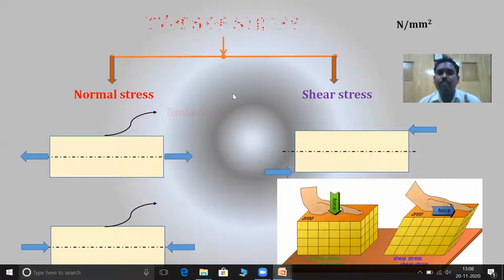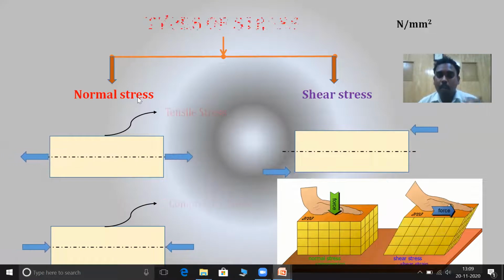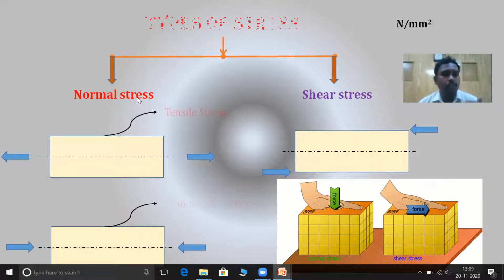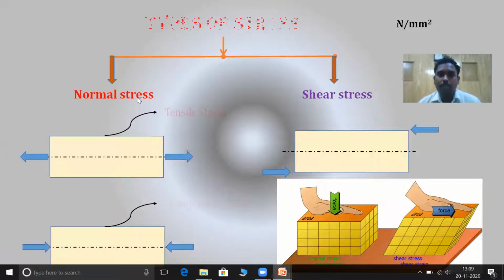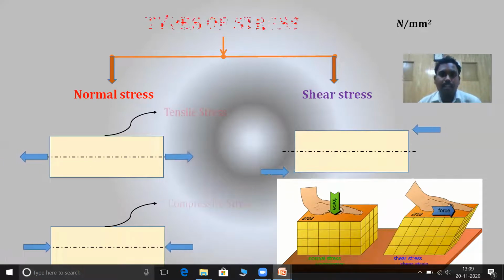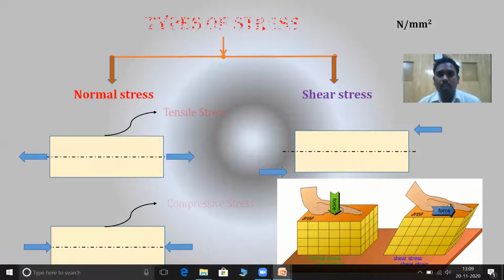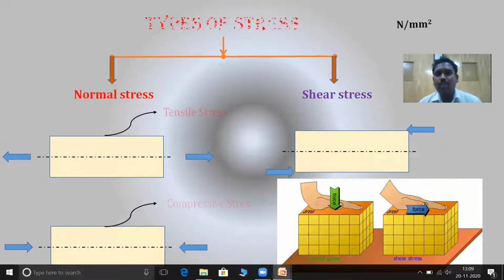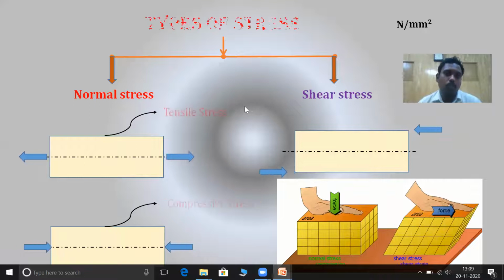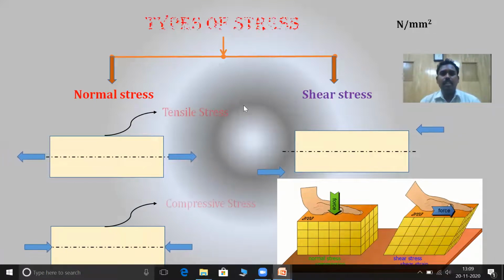The major difference between the two is the point of action, or else the line of action, of a load. In case of normal stress, the loads act along the axis, whereas in case of shear stress, the loads act along the surface, that is tangential to the surface.